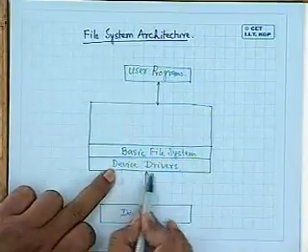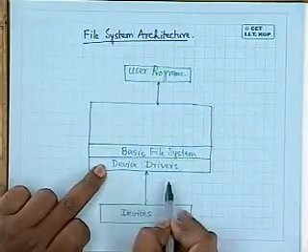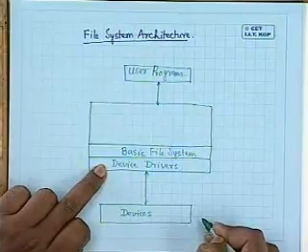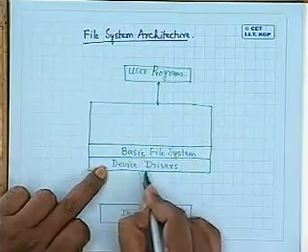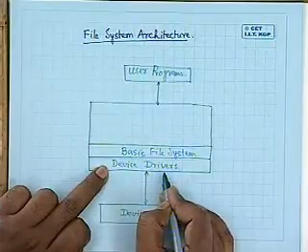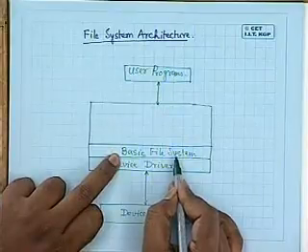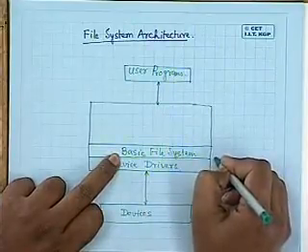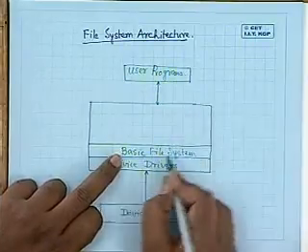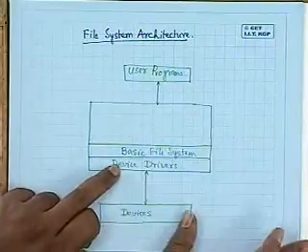Because as I said, though these device drivers are part of the software, for different devices I have to have different device drivers. That means these two layers can be considered together. Okay, but I put it in this way because these are nothing but softwares. Right? And this basic file system is responsible for the interface, and whatever I have above this is part of the computer system. Okay. So this is the basic interface between the computer system and the environment outside the computer.